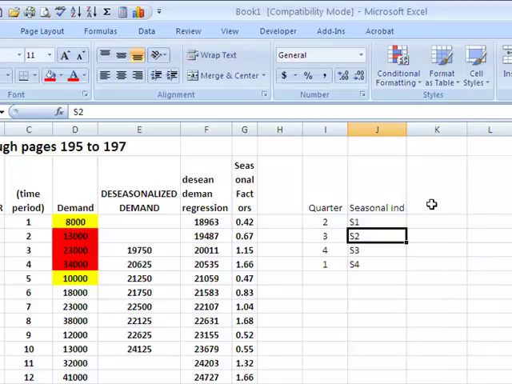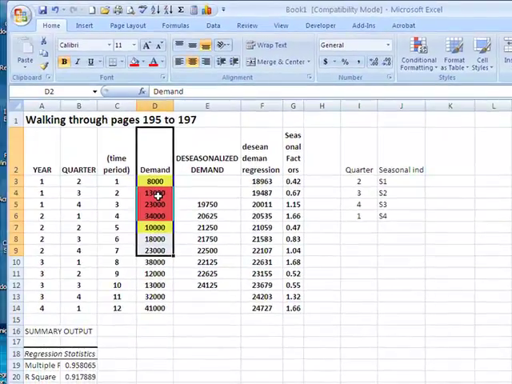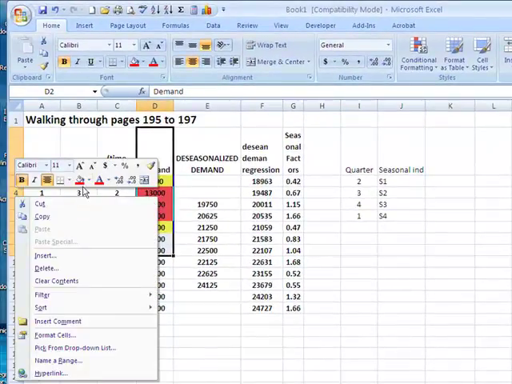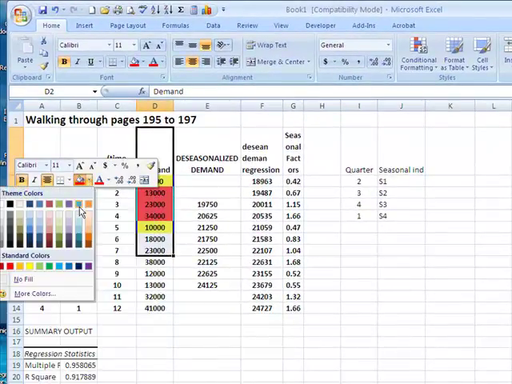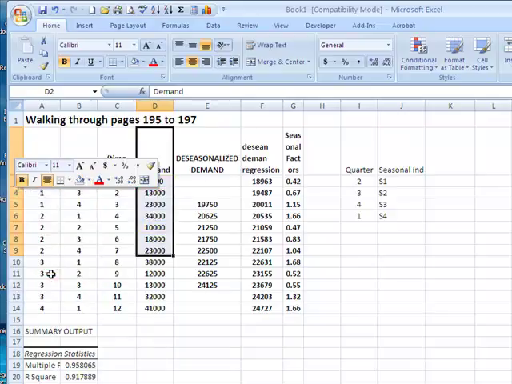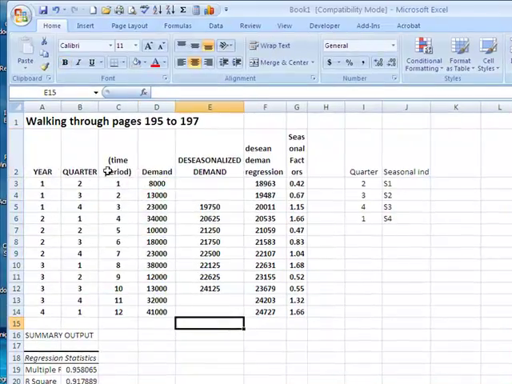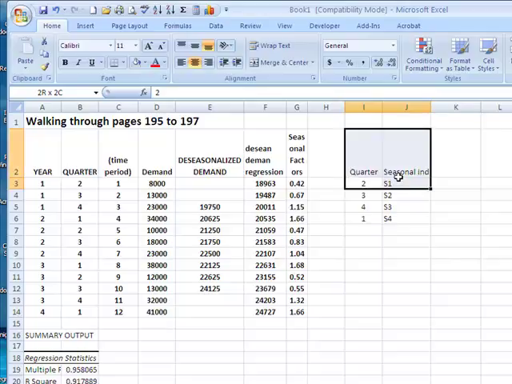Okay, so how do we do that? Let me de-highlight this. All right, so here's quarter 2, the seasonal index that we want to compute. Let's see how many quarter 2s we had.